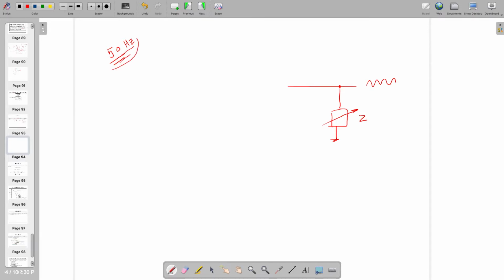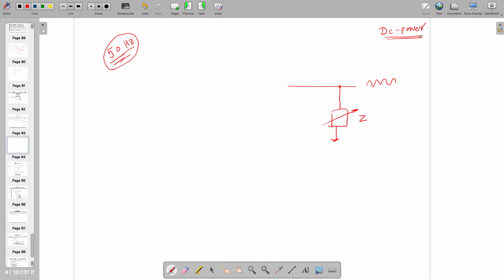But I'm saying that I have a DC power line. So how does this DC power line have 50 hertz? In India it's 50, in America 60, maybe Europe is also 50. If it is DC, why is it not DC?